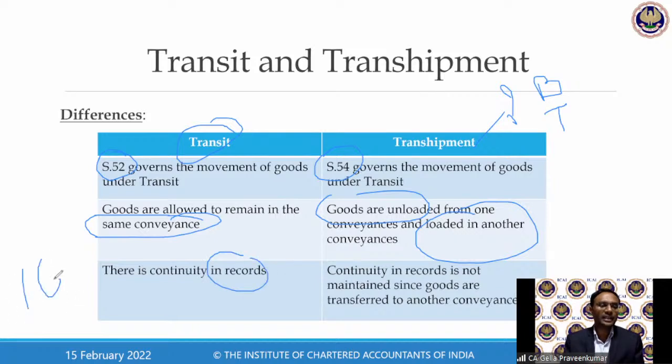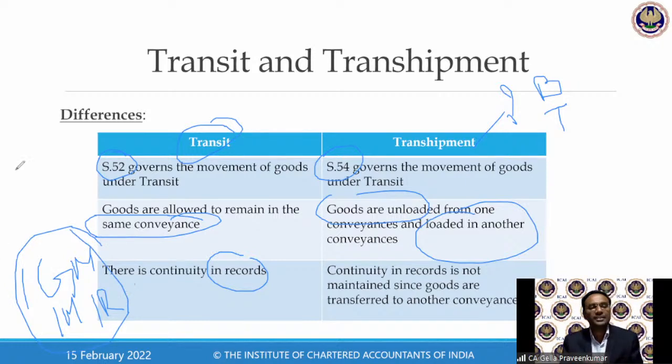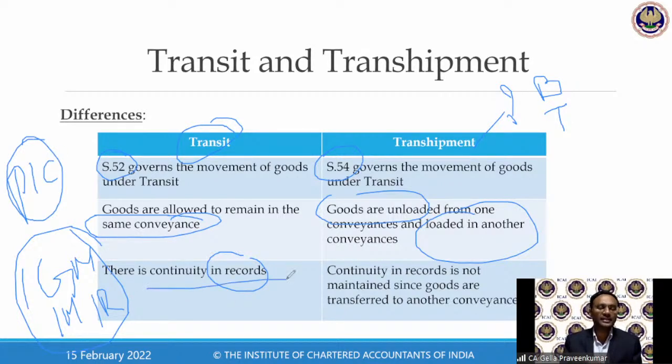In transit, there is a continuity in records. IGM, Import General Manifest, or IM, Import Manifest, Import Report, are all various reports which are furnished by the person in charge. When he is giving these various reports, there's a continuity in records. It doesn't change.